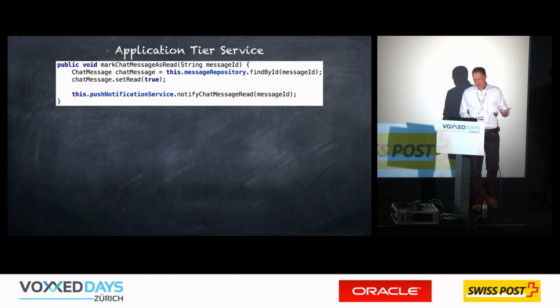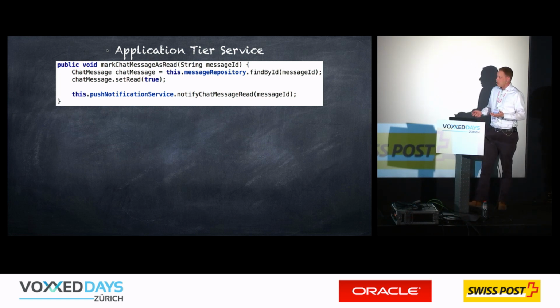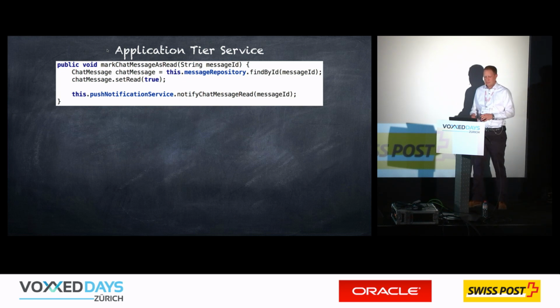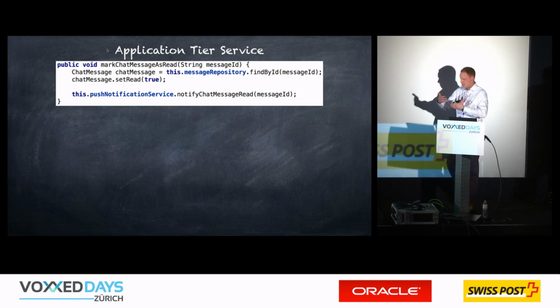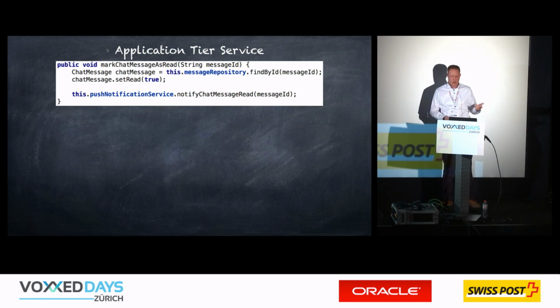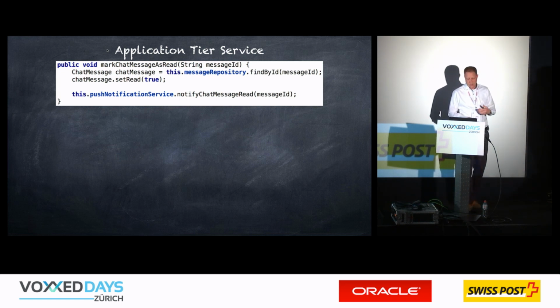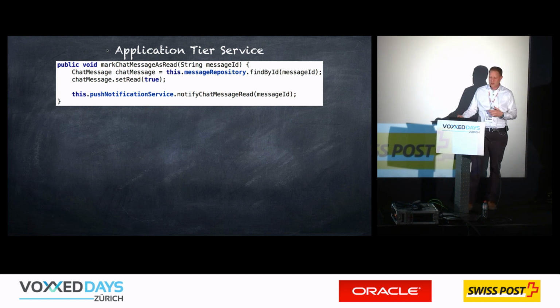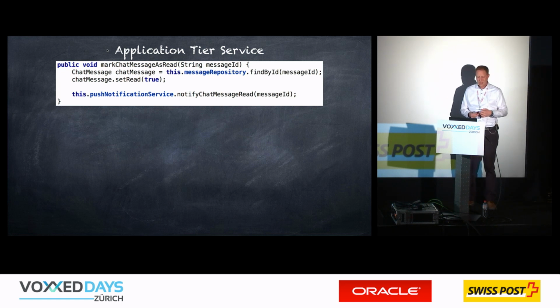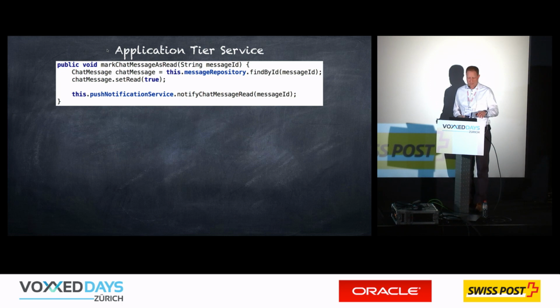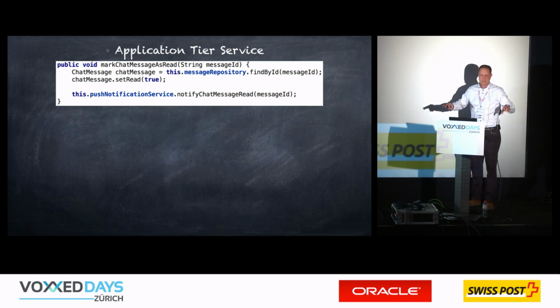And as an example, if you would have your classical application tier, we have a chat service, and we have to mark a chat message as read. What we would typically do is use some repository, get this message out of the database, set the read flag to true, and then maybe we would have a push notification service to notify the other devices that the message was read.